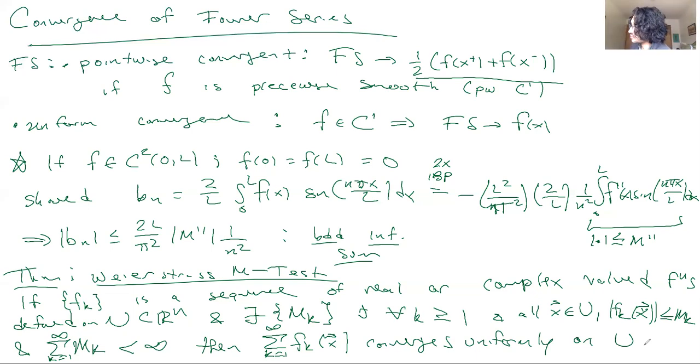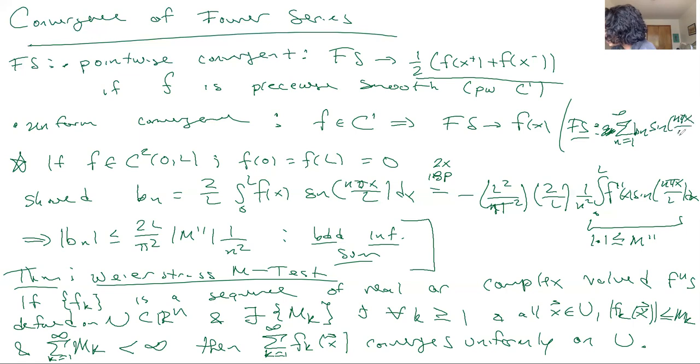So this is our Weierstrass M test theorem, which essentially allows us to use this result in order to say that this infinite series, right? Remember our Fourier series that we introduced in the last couple lectures, right? The sum from n equals 1 up to infinity of b_n sine of n pi x over L. This is our infinite series representation for f of x, that is bounded.